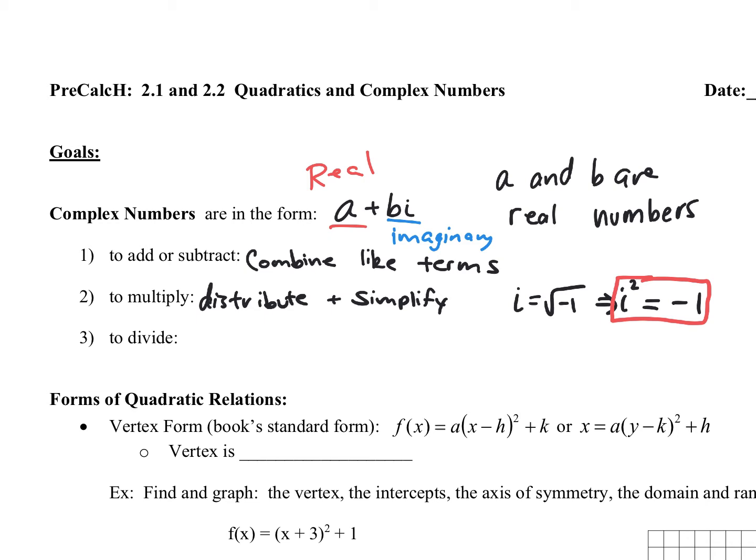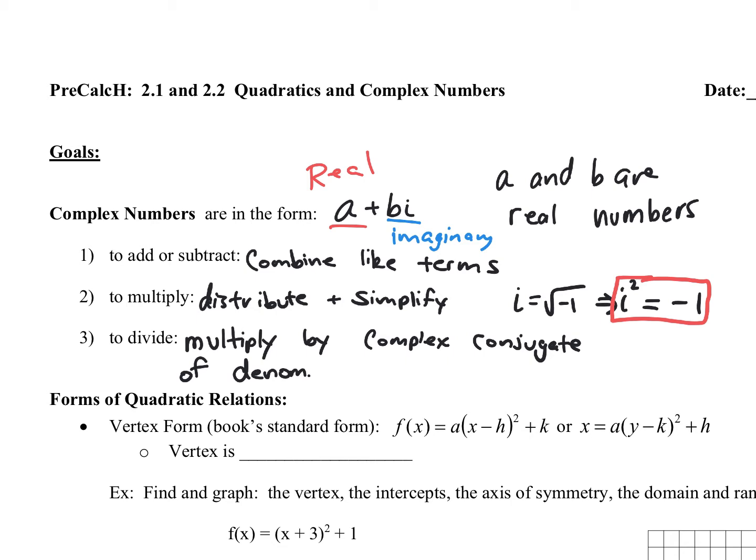When we divide, really the issue we have is that if I have an imaginary number in my denominator, I have a square root in my denominator. So in order to get rid of that square root, that imaginary number, I multiply by the complex conjugate of the denominator.